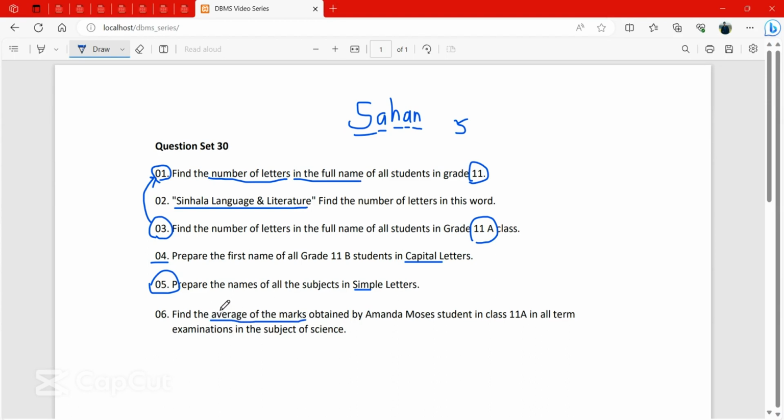They have given us a condition saying that we need to find out the marks of Amanda Moses, and she is in class 11A, and it should be all term. That means it should not be specifically first term or second term, it should be both. And after that, they have given the subject as science. So let's write the query for that one.